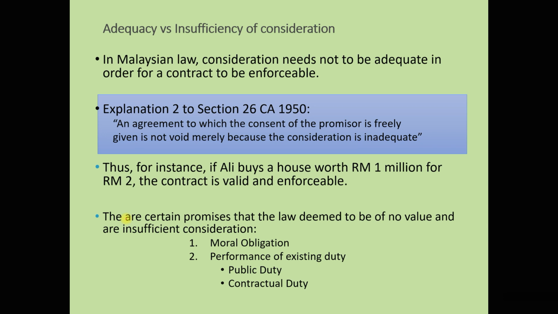Of course not adequate lah, if you ask me, for a 1 million house, right? But the law recognizes this transaction, provided that the consent of the promisor is freely given. There is no element of force, fraud, or something like that.